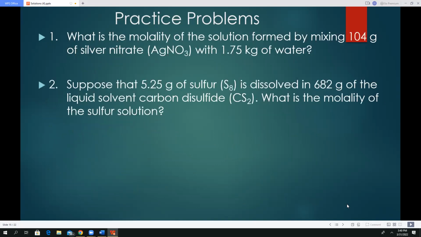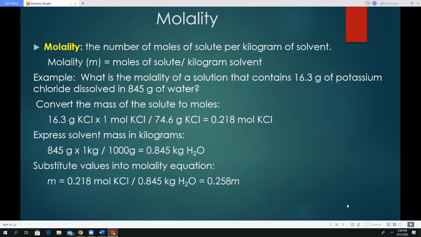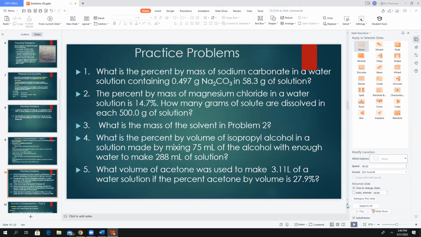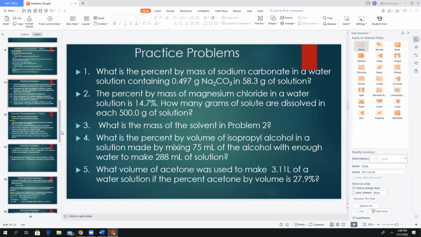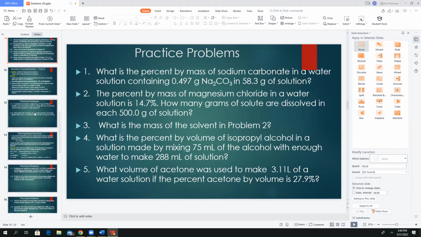And the next one is molality. We do have molality. Now those are the practice problems. This slide moved over. Hold on, let me move it back where it needs to be. I don't know why it did that, but it did. Okay, solubility, practice problems. Okay, these are the ones that we're talking about. And we need to move that one over. Yeah, the molality problem.